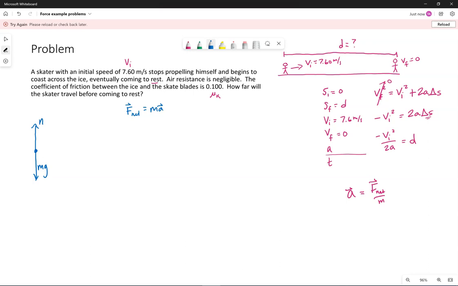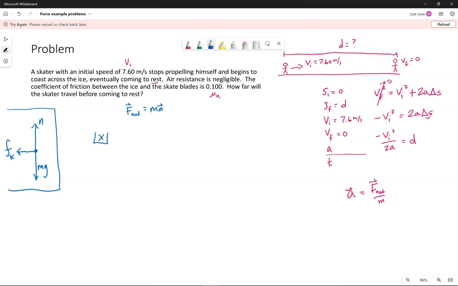In my picture, I've drawn the ice skater traveling to the right. That would lead me to draw my kinetic friction to the left. Kinetic friction force always points opposite to the motion. He's not propelling himself anymore, meaning he's not pushing against the ice to keep going. And so this here is our free body diagram.